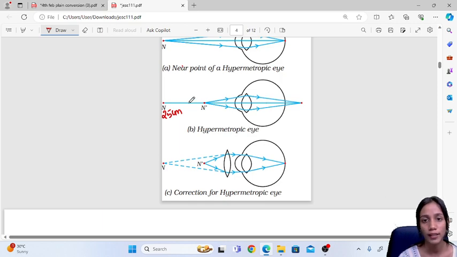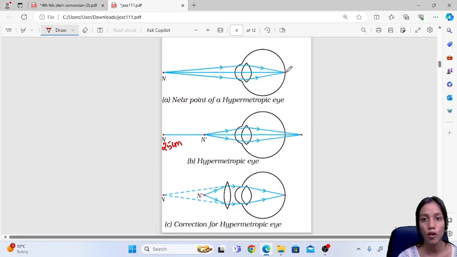see the object clearly, because at 25 centimeter, when the light travels and there is refraction, the image is formed behind the retina. We can see that the image is not forming on the retina, but it is forming behind the retina, because the near point is nearer than 25 centimeter. Near point has become less than 25 centimeter.